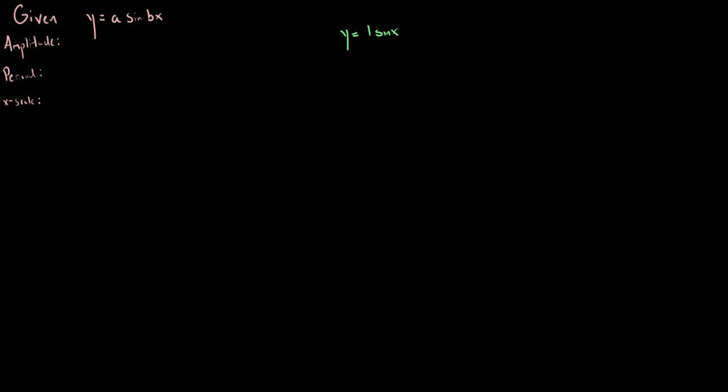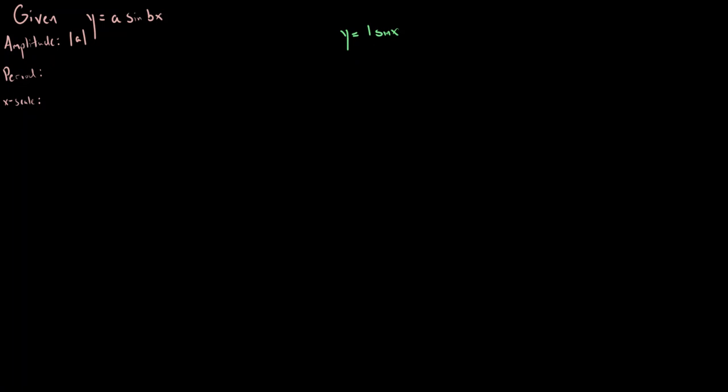So the amplitude is actually going to be the absolute value of whatever this number here is, a. The absolute value of a is going to determine the amplitude. Notice I'm saying the absolute value. If it was like a negative 1, the amplitude would still be 1. That negative, remember, just means it's reflected over the x-axis, and we'll talk about that in a second as well. So that is our amplitude, 1, absolute value of a.